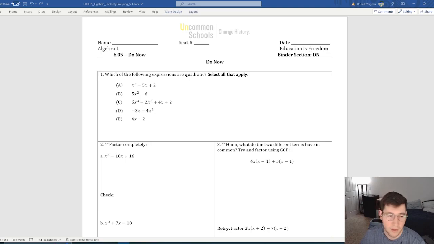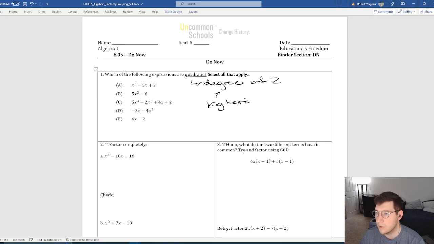By now, you've hopefully had some time to take a look at your do now. For number one, just going through it really quick. Remember that quadratic? We wrote this in our notes the other day, but we're looking for anything with a degree of 2, which means that the highest exponent is 2.